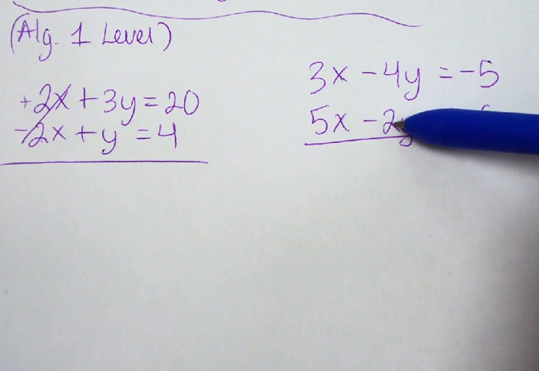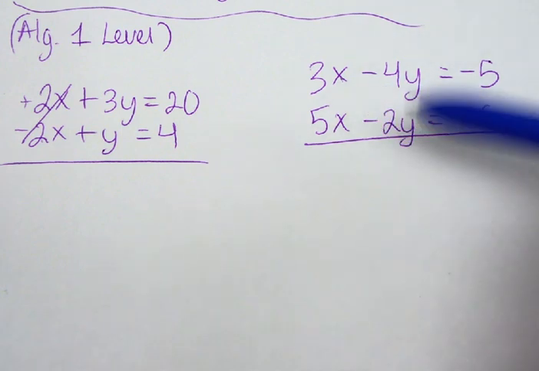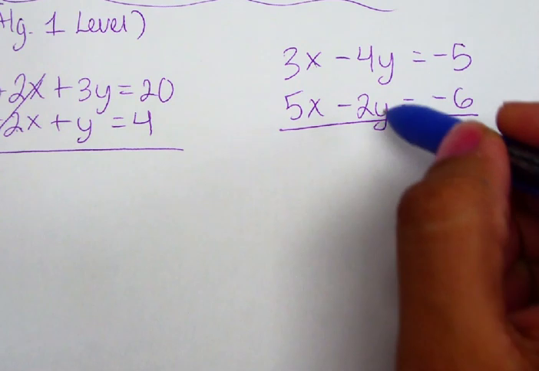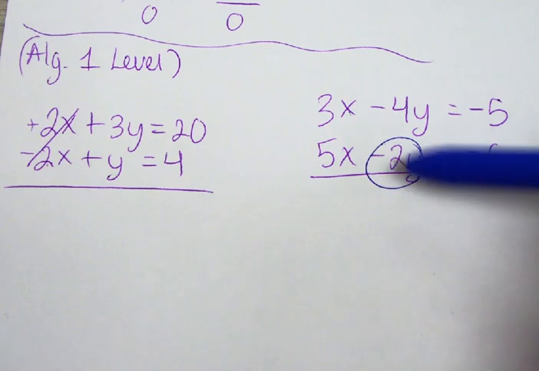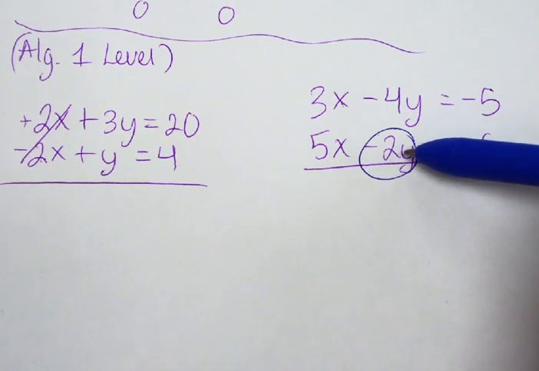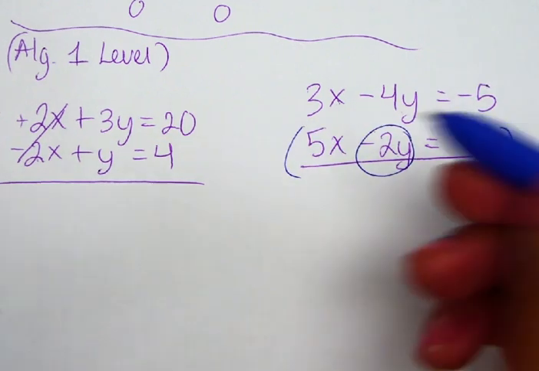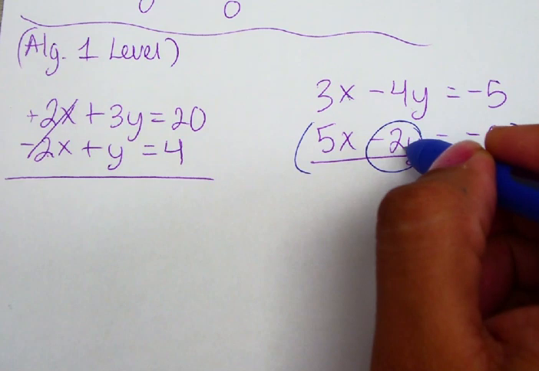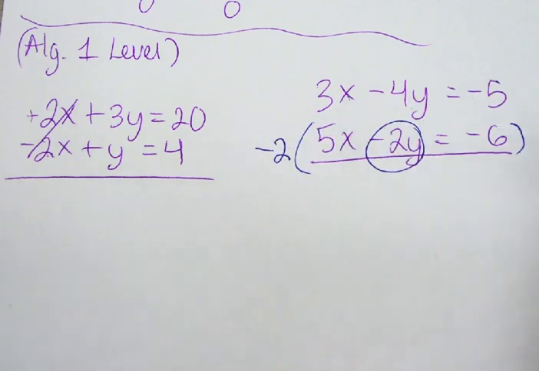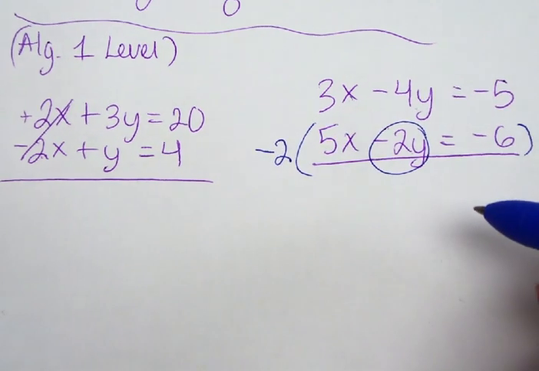So in this example, we will just have to multiply the bottom equation. So the one with the least steps is most likely that one if we focus on converting this -2 into a positive 4, so it can cancel that. And the way we're going to do that is multiplying by -2, since -2 times -2 will give you that positive 4.